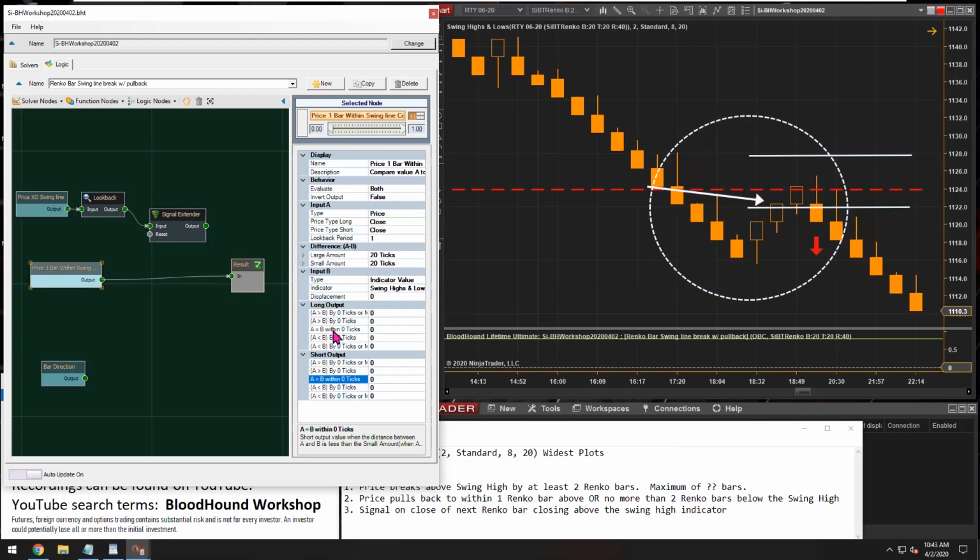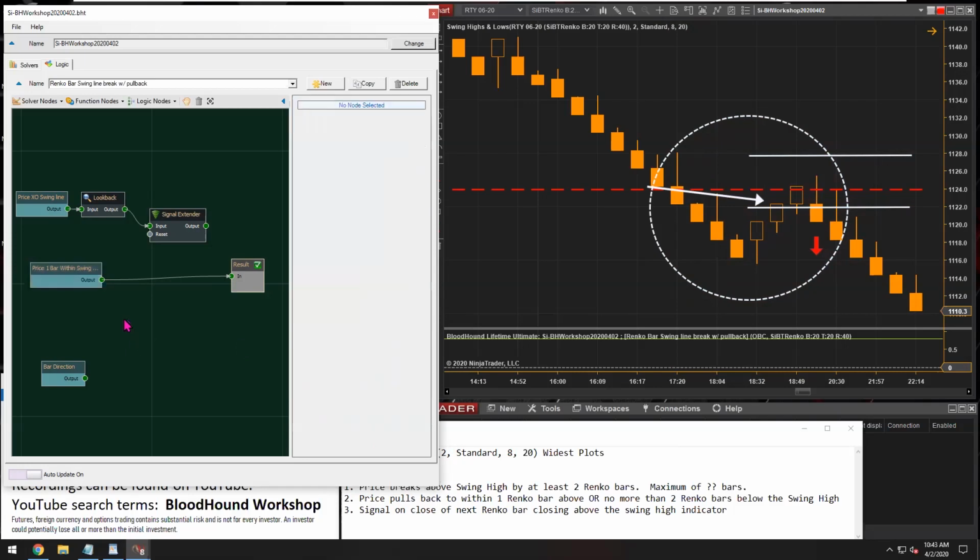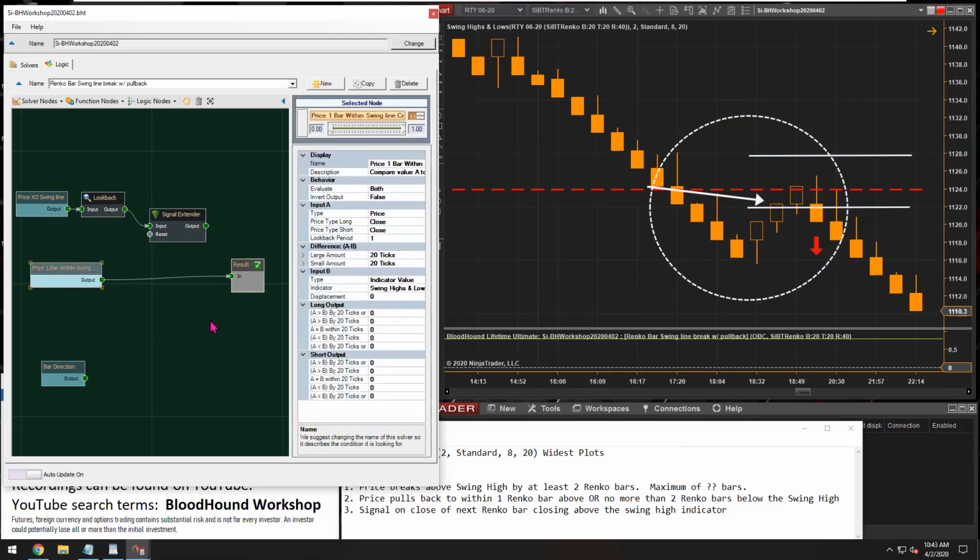A little note here: sometimes on some machines it'll say this value is 0 ticks. On this machine it doesn't update. On most machines it will update to match whatever amounts you put in here. So if this doesn't update for you, you can just click off and then click back on, and that forces the interface to update.